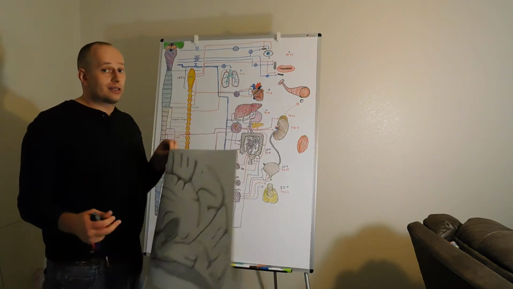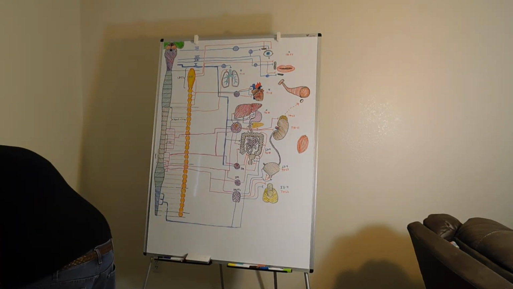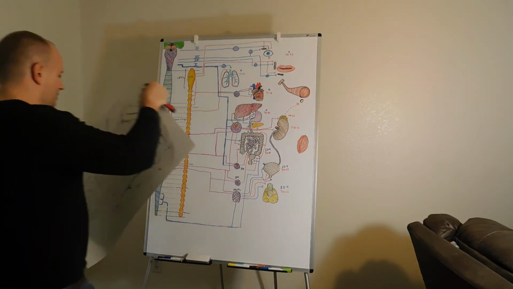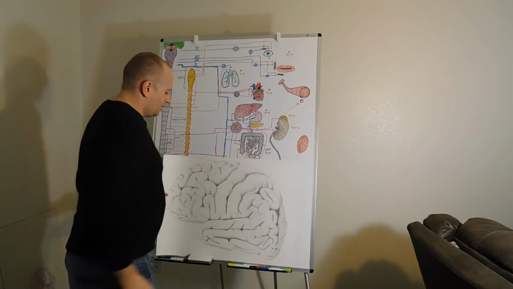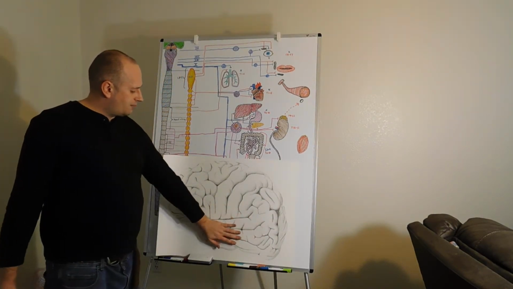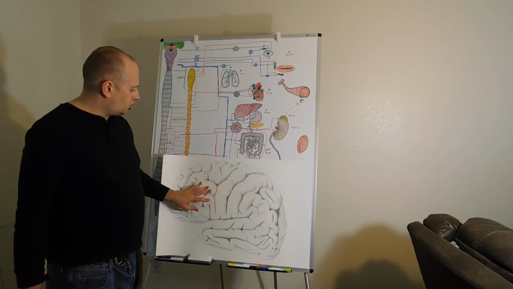Some of it goes to your insula and your gustatory complex in your brain, which would be buried. See, this is the sylvian fissure here. This is your temporal lobe, and then this other part is your parietal lobe and your frontal lobe.